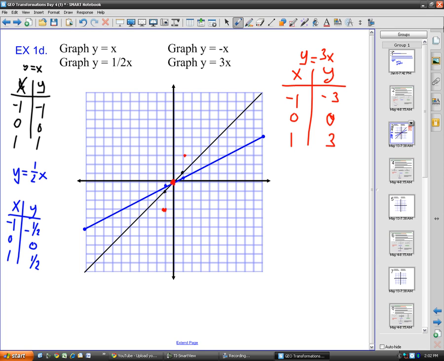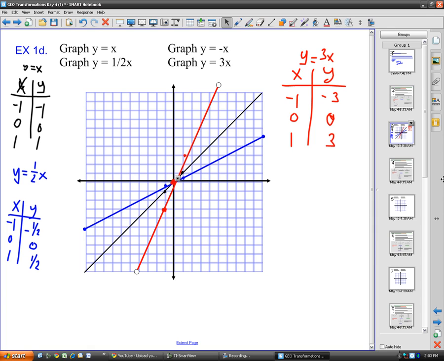So I'll get a graph that looks something like this, something fairly steep like that, and I missed by a little bit, so we can adjust that to make the graph go through the points I want. You can see how steep the graph is. It's a lot steeper than it was before. So multiplying by a number bigger than 1 will make the graph get steeper. Multiplying by a number between 0 and 1 will make the graph get flatter.